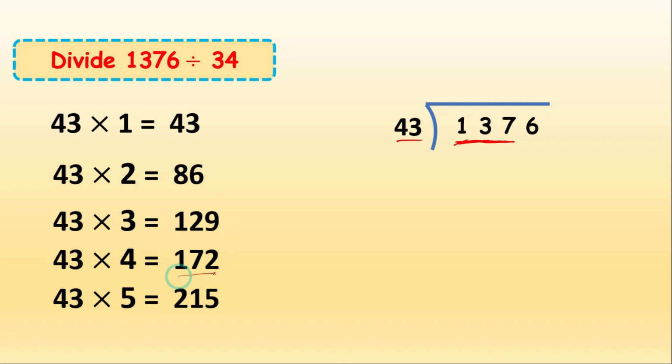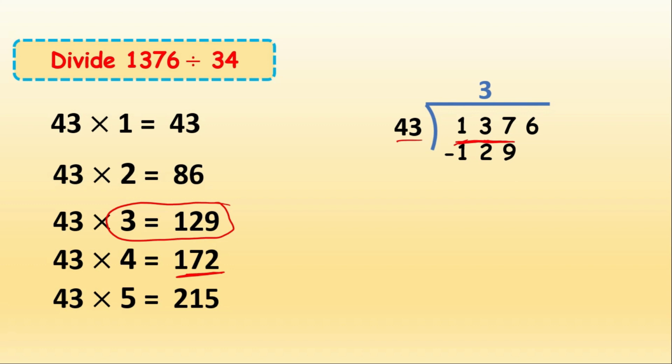Here we have 172, so it's greater than 137, but 129 is just smaller than 137. Okay, so circle 129 and 3: 129 as a product and 3 as a quotient.